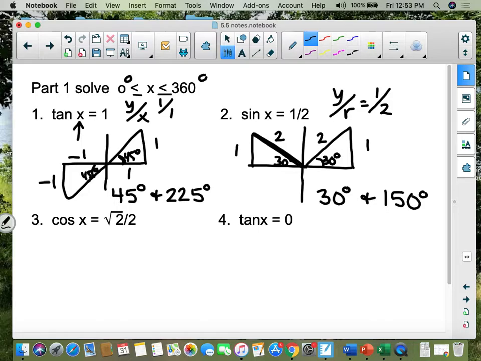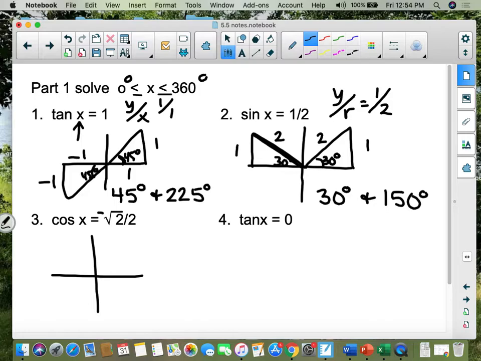Cosine of x equals, let's change it up. Negative root 2 over 2. The cosine of x is equal to a negative root 2 over 2. Draw yourself a picture. All is positive. We're not doing this quadrant, are we?